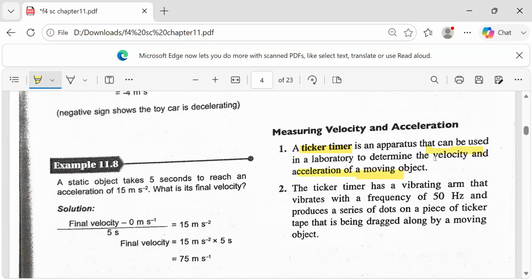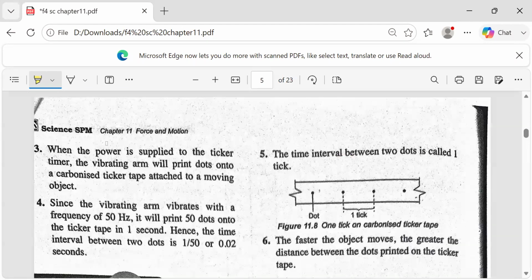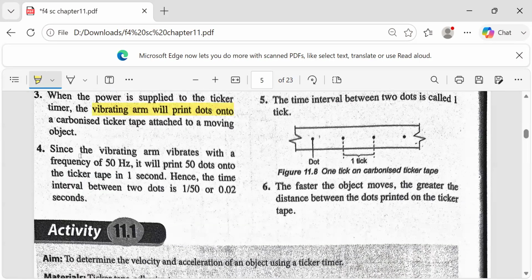It has a vibrating arm that vibrates at a frequency of 50 hertz. And 50 hertz means 50 times per second, which produces a series of dots on a piece of ticker tape being dragged along by a moving object. When the power is applied to the ticker timer, the vibrating arm will print dots onto the carbonized ticker tape. Since its vibrating arm is 50 hertz, it will print 50 dots in 1 second.